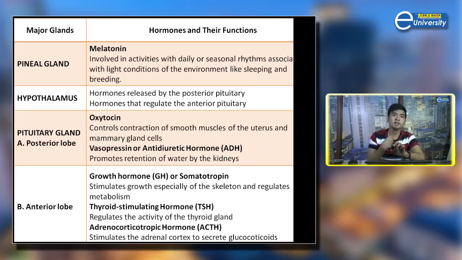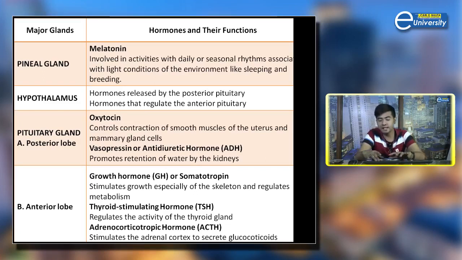Oxytocin controls contraction of smooth muscles of the uterus and the mammary gland cells. Oxytocin is important in giving birth. Next is the vasopressin or the antidiuretic hormone or ADH. It promotes retention of water by the kidneys. So if we promote retention of water in the kidney, then you are preventing urination.